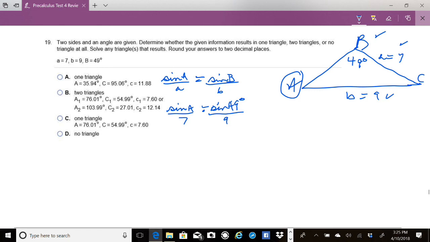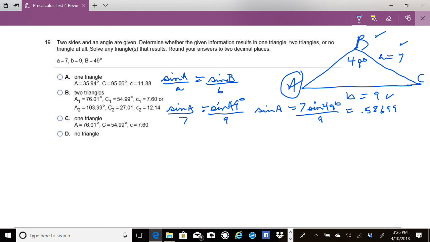So we get that sine of A is equal to 7 sine of 49 degrees divided by 9, equals 0.58699.